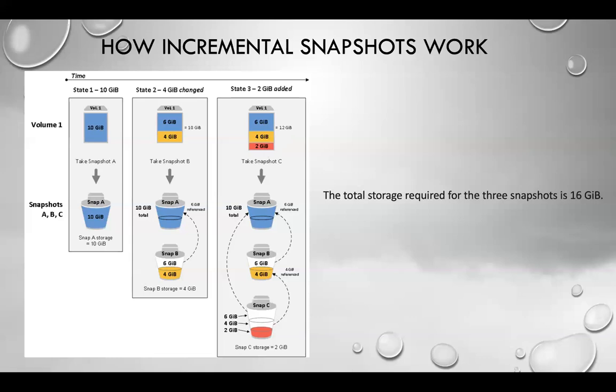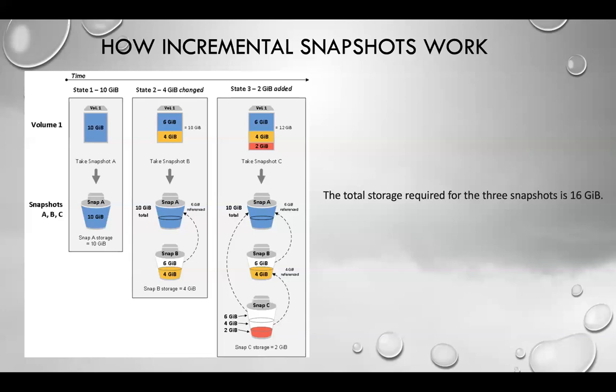32 gig of data should be stored actually. The user feels that 32 gigs of data are stored, but internally it stores only 16 gig of data. Why? This is 10, this is 4, and this is 2. 4 plus 2, 6 plus 10, 16. So the total storage required for all 3 snapshots is 16 gig instead of 32 gig.